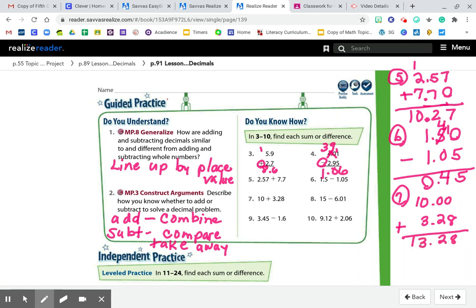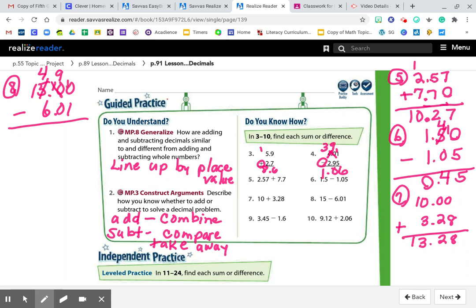Number 8, 15.00 minus 6.01. And I put those zeros because I knew that the number I was going to subtract out went to the hundredths place. So I knew I needed to add 2 more zeros. I'm going to do a lot of regrouping here.